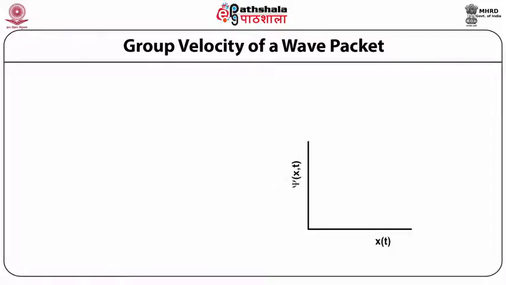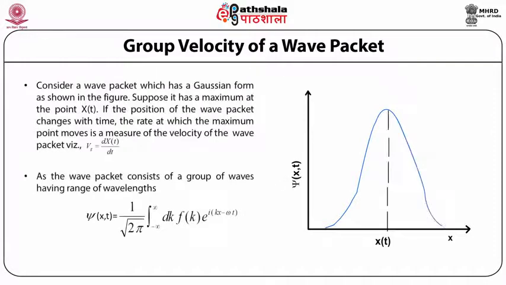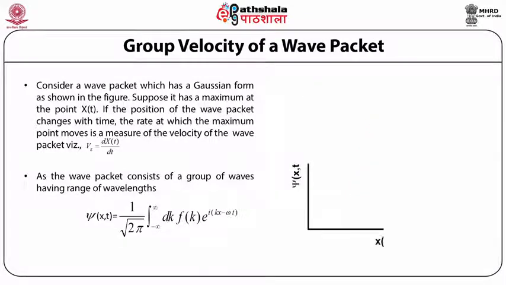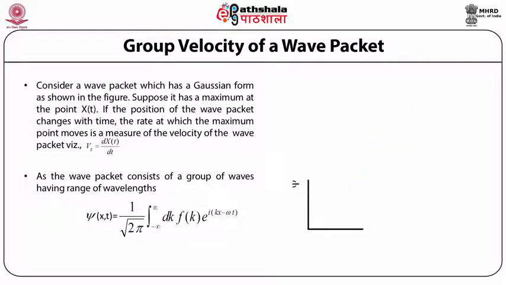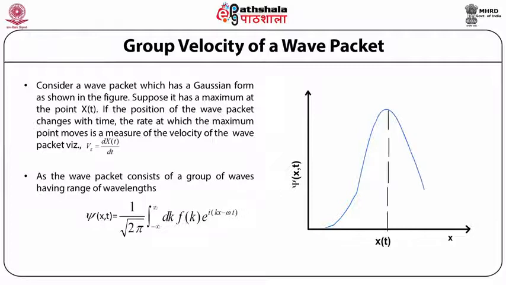Group velocity of a wave packet. Consider a wave packet which has a Gaussian form as shown in the figure. Suppose it has a maximum at the point capital X as a function of t.